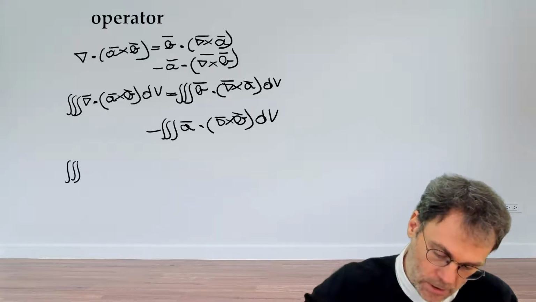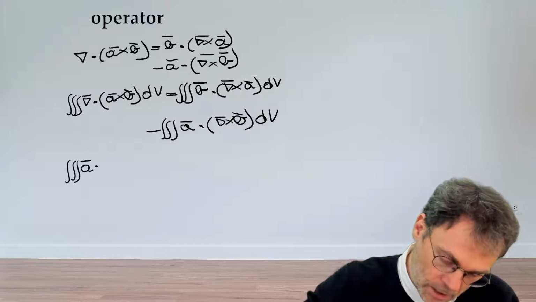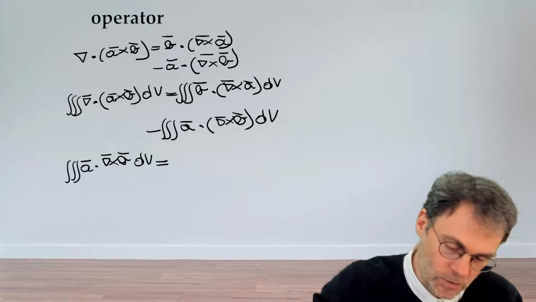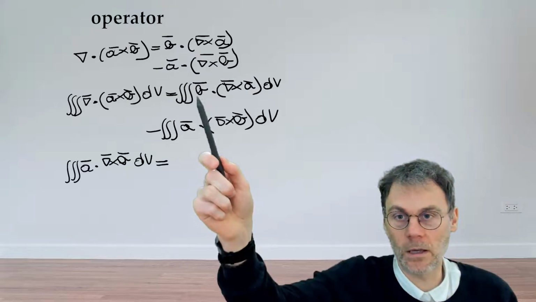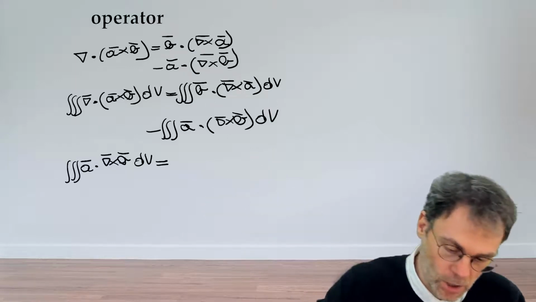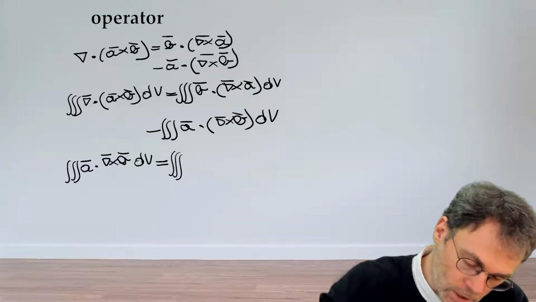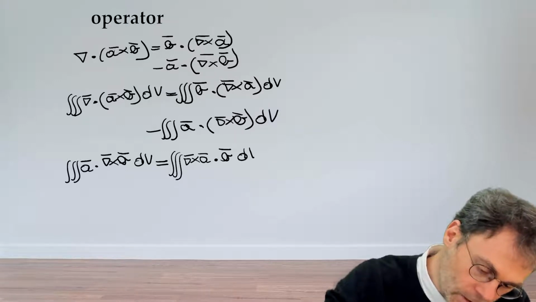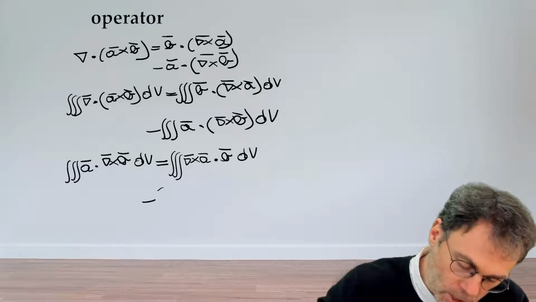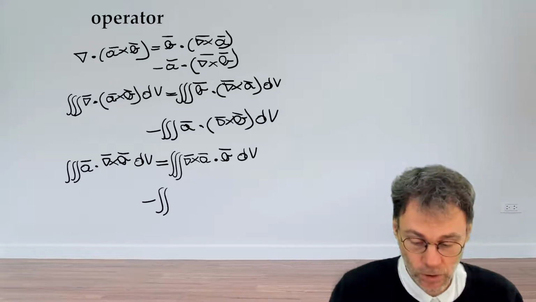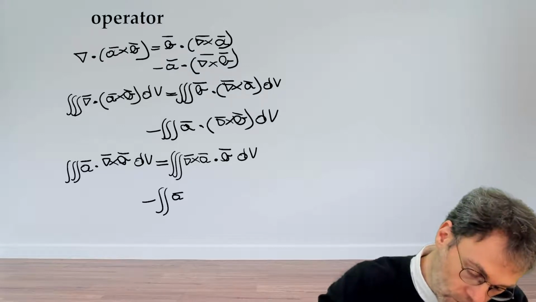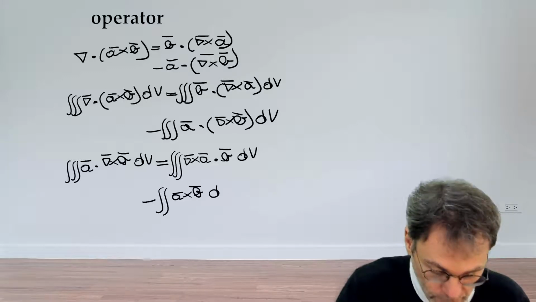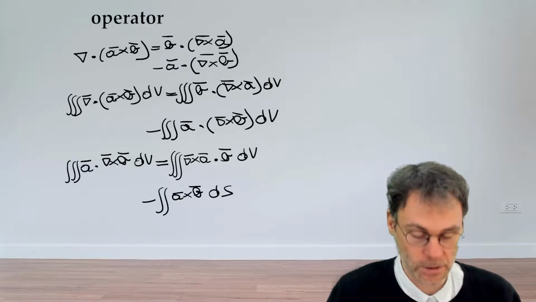Then we can write that the volume integral of A dot curl B dV is equal to, taking this term over here but exchanging the order, the volume integral of curl A dot B dV, minus a volume integral of the divergence, which is going to be a surface integral of the stuff that's being taken the divergence of. So this is going to be simplified as a surface integral.